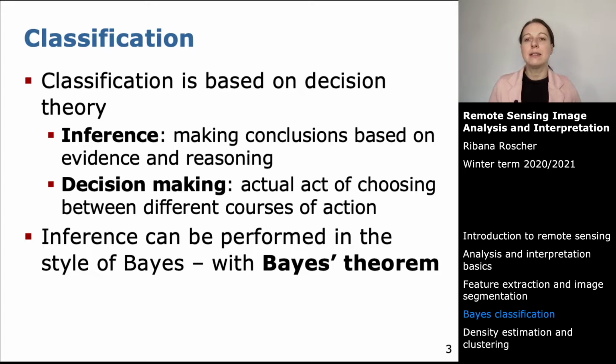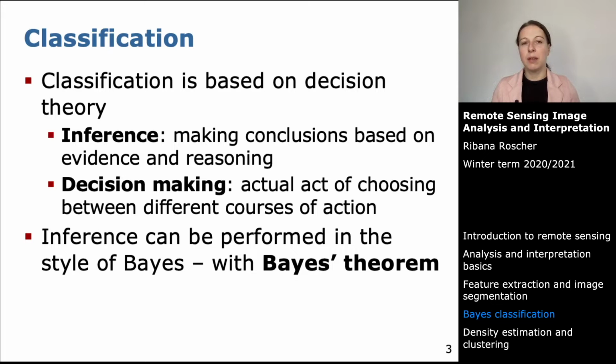So inference is making conclusions based on evidence and reasoning. So given evidence and knowledge you have, you make an educated guess and come to a conclusion. And in the decision making step, the actual decision is made. And so this is the actual act of choosing between different courses of action.